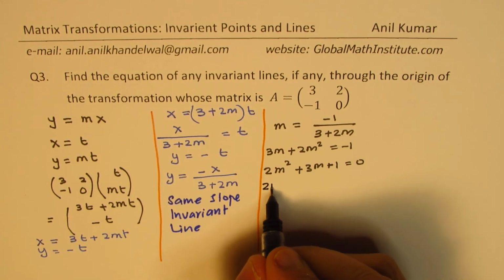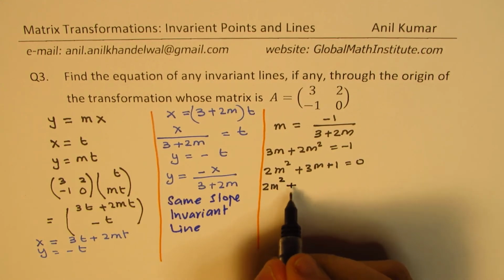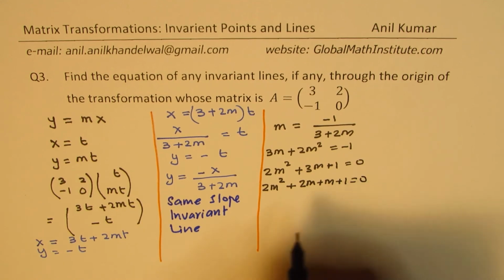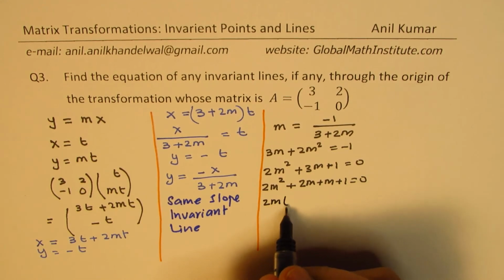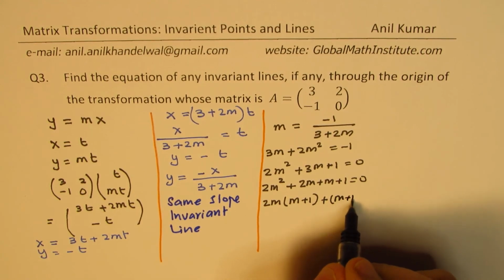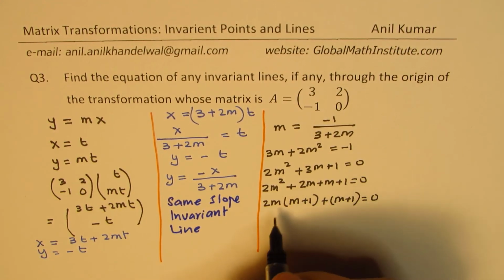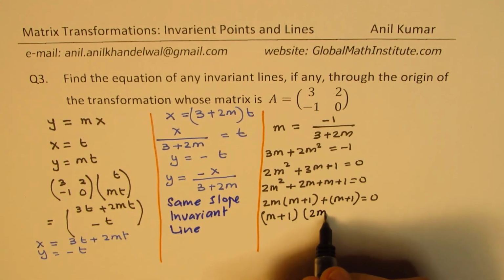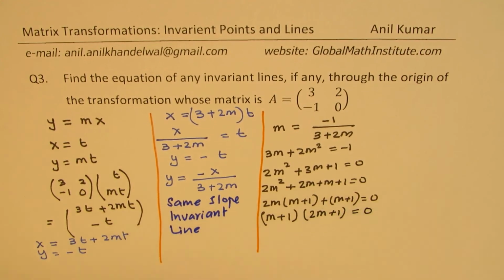So we could split this as 2m square plus 2m plus m plus 1 equals 0. Taking 2m common, we get 2m times m plus 1 plus m plus 1 equals 0. And that gives us a factored form, m plus 1 times 2m plus 1 equals 0.